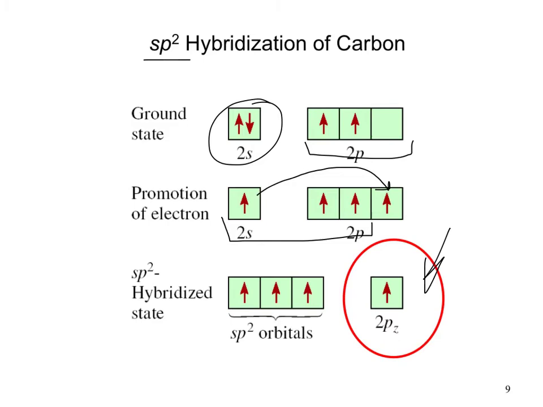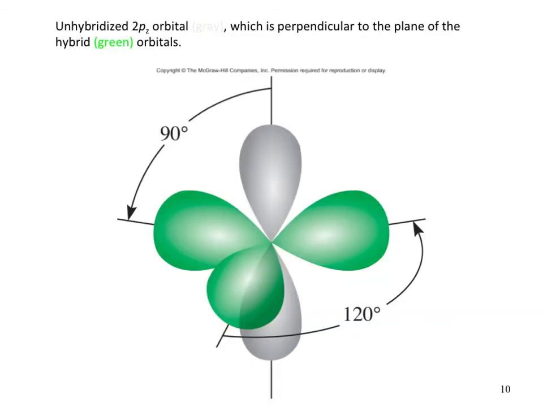Now that lone electron is kind of special. So the sp2 hybrids are given here in green. They are pointing to the shape of a triangle, the trigonal planar portion. sp2, trigonal planar hybridization. That leaves that free electron in the gray space, which is perpendicular to the plane of the hybrid orbitals.